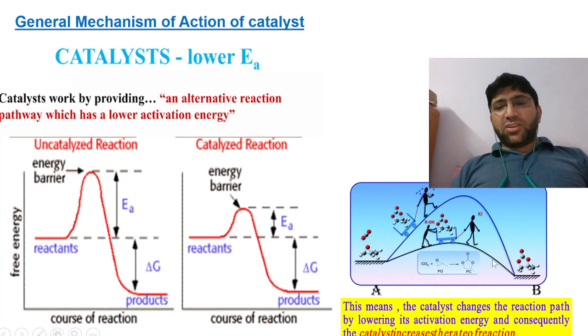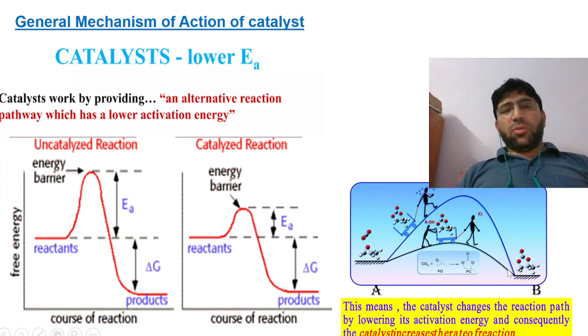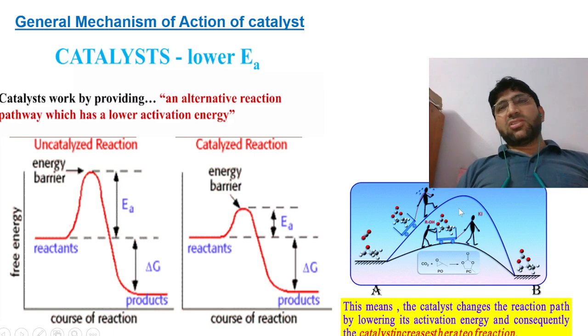So this different path is chosen by the catalyst. You can say here the second man is a catalyst, helping him drag this cart from point A to point B. The same mechanism is followed by the catalyst. It chooses a different path having less activation energy and hence increases the rate of the reaction.